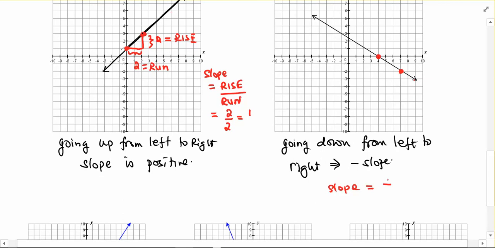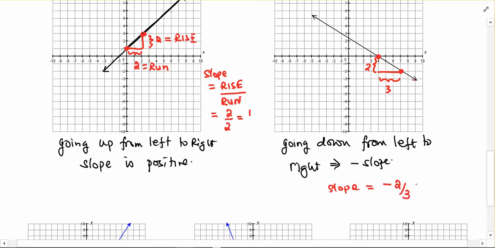So there I'm going to put the negative, and I'm going to count blocks. To go from this block to that block, my run, that's this part, the run is 3, and the rise is 2. So the slope is 2 over 3.